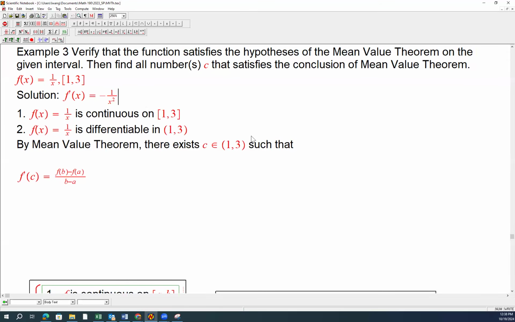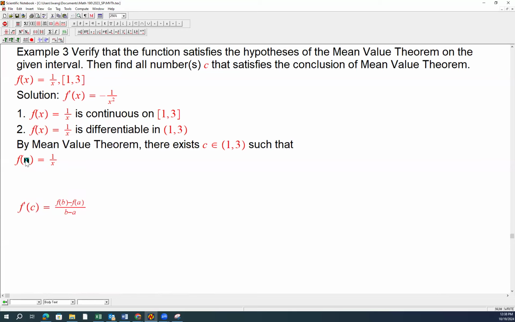And f of a and f of b: f of a is 1, so f of 1 equals 1. f of 3 is going to be 1 over 3.